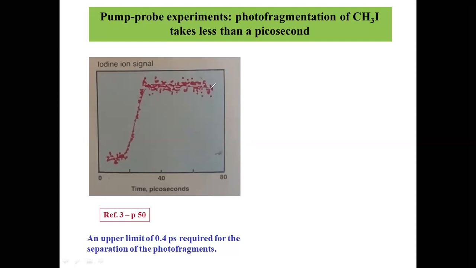So what it reveals is that it takes almost 0.4 picosecond. This is a picosecond time scale, and the intensity starts somewhere here. So approximately 0.4 picosecond is the time required for the dissociation of methyl iodide. Right?